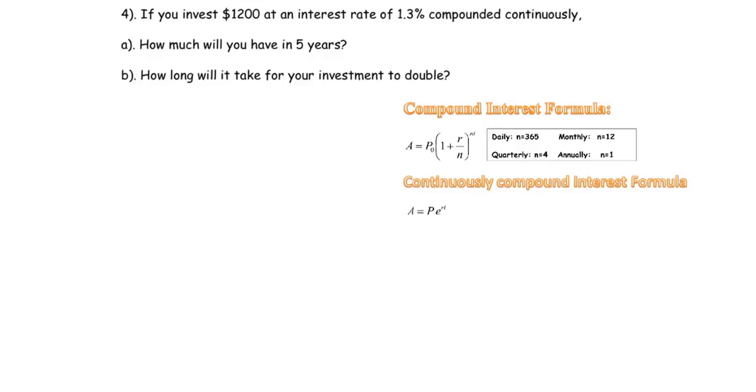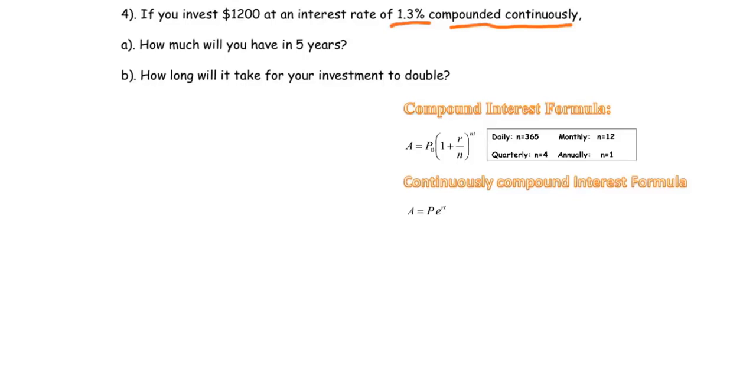Now let's go to number 4. If you invest $1,200 at an interest rate of 1.3% compounded continuously, how much will you have in 5 years? How long will it take for your investment to double?